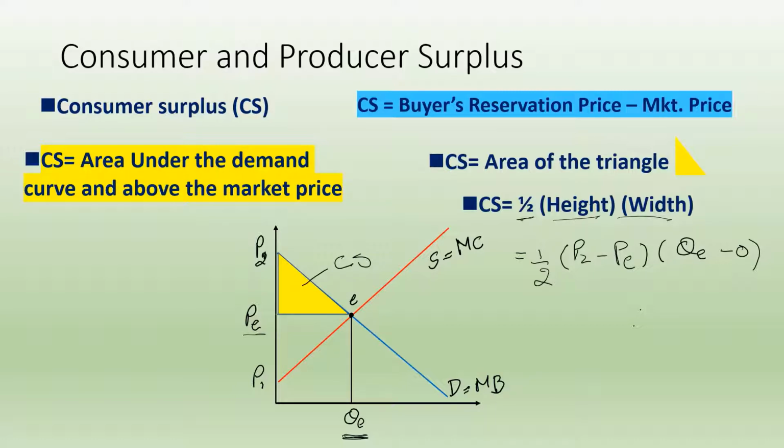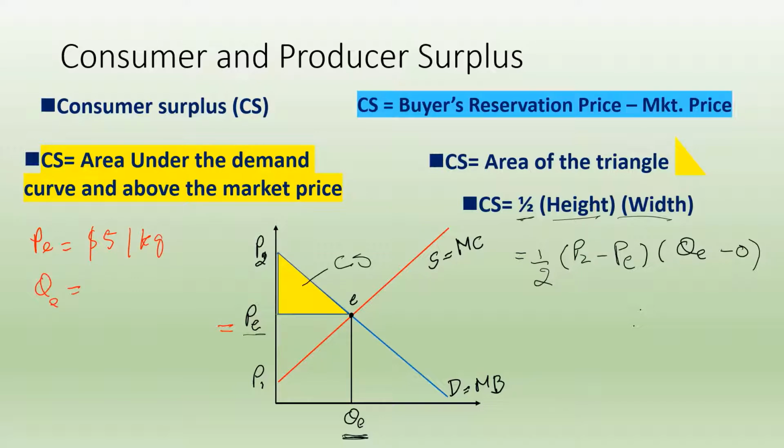Now let us try to consider some numerical values. For example, let us say that PE is, let us suppose, $5. So P is the price per kilogram for rice, it is $5. And what about QE?